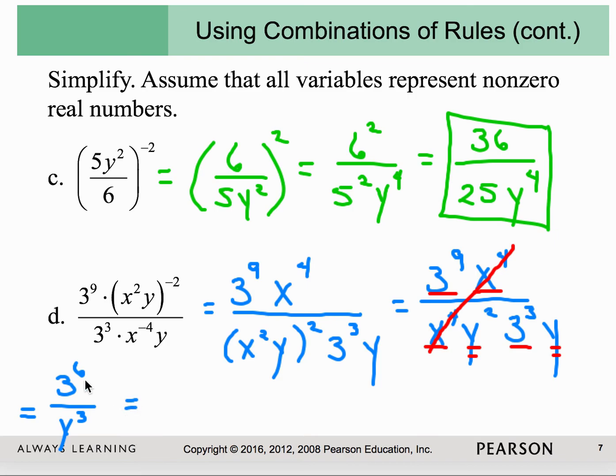Okay, now that's a bit much, but we already know that 3 to the 5th is 243. So if we just multiplied that by one more 3, we have 729 over y cubed.